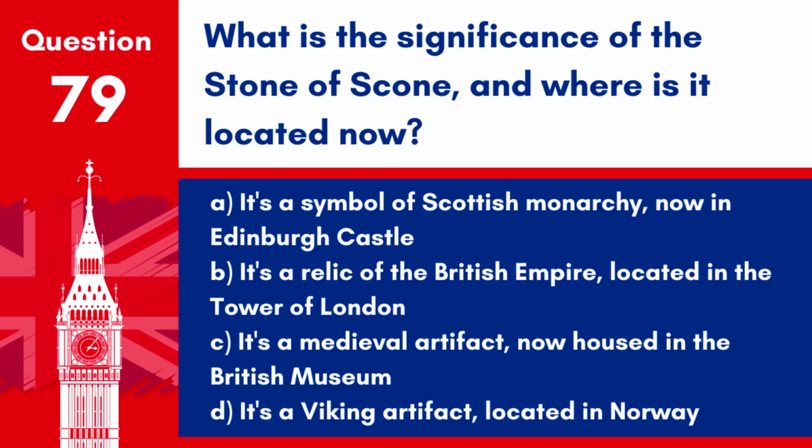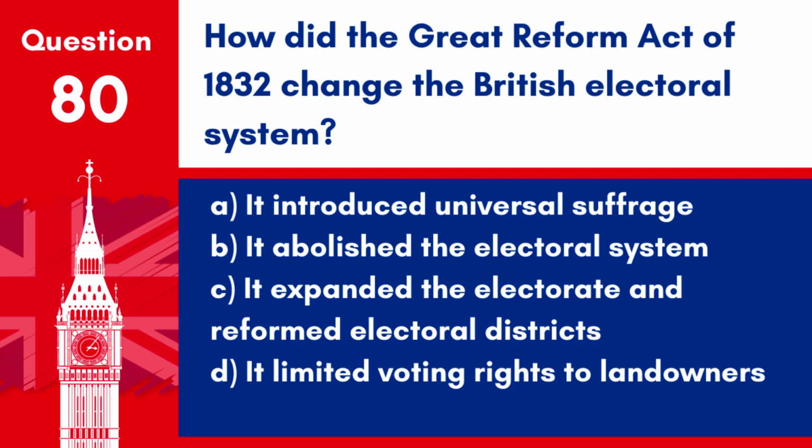D. It's a Viking artifact, located in Norway. Answer: A. It's a symbol of Scottish monarchy, now in Edinburgh Castle. The Stone of Scone, used in the coronation of Scottish monarchs, was returned to Scotland in 1996 after being kept in England for centuries.